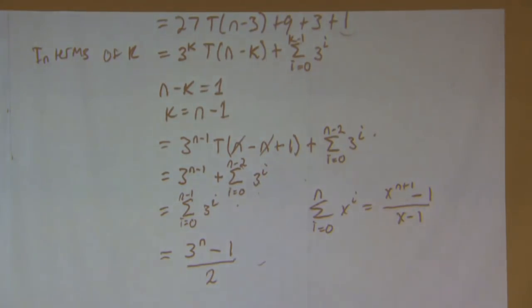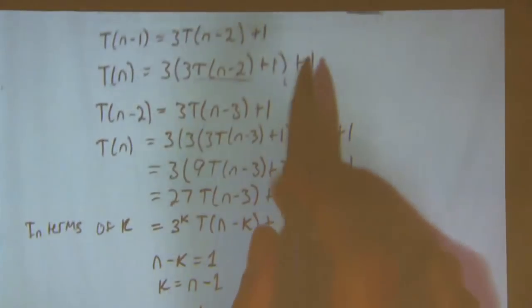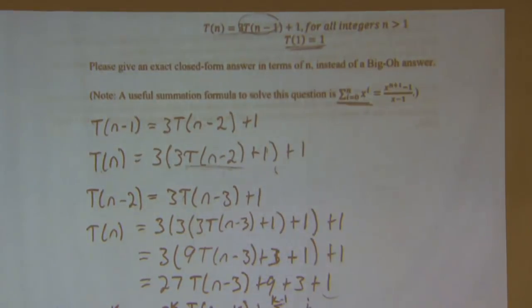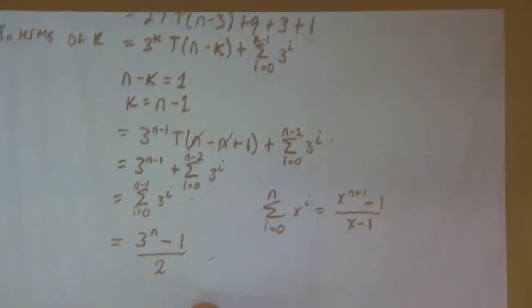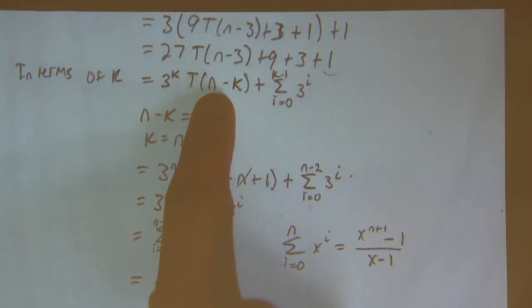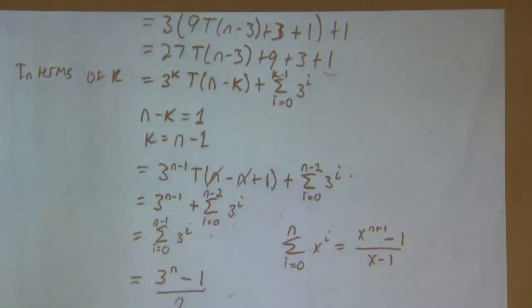Okay, yeah, what's up? Where did the n minus k equals 1 come from? So that comes from the fact that our base case has a 1 in the parentheses. So we're trying to find T of 1. And so since we generalized this right here, we now want to make this thing inside equal to 1.